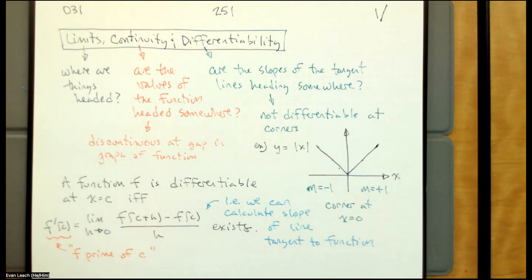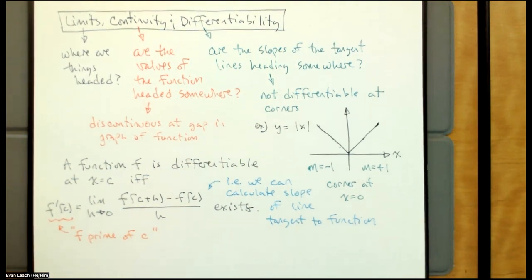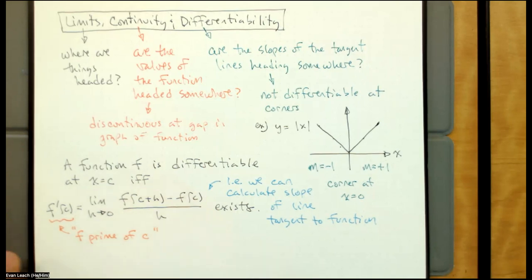I will probably start saying f prime of c. We're plugging into a function. And when we plug something into the function, we say f of c. And so this is f prime of c. That's with proper enunciation.